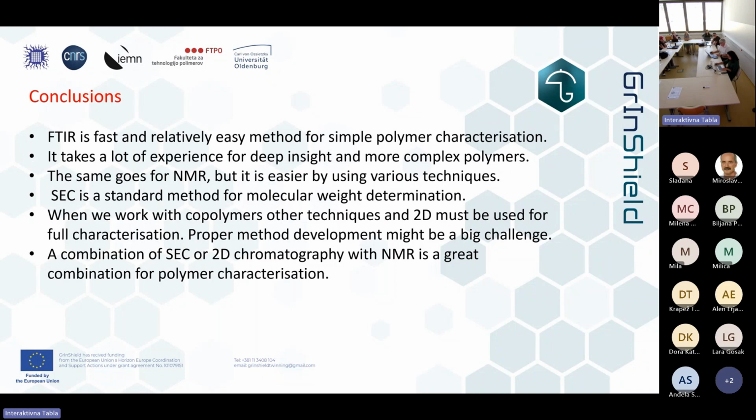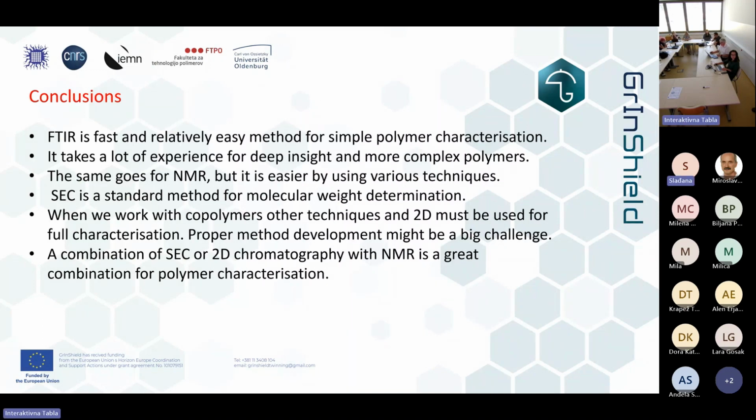More or less, this goes also for NMR, but it is, in my opinion, much easier, especially because we can use other techniques, as I said, APT or two-dimensional, which help us. SEC is actually a standard method for molecular weight determination. Some time ago, when I started my career, viscosity was measured, but now hardly anyone does it.